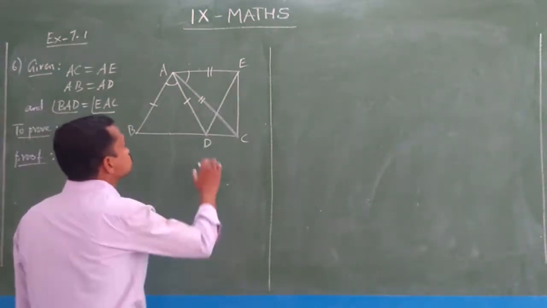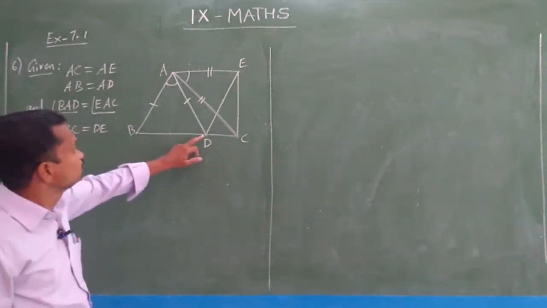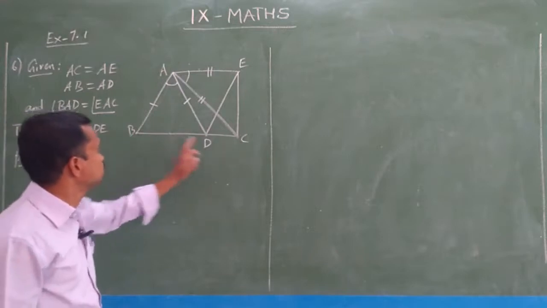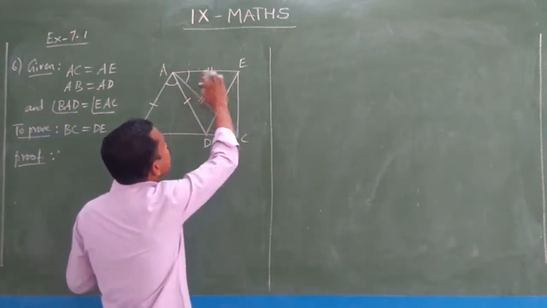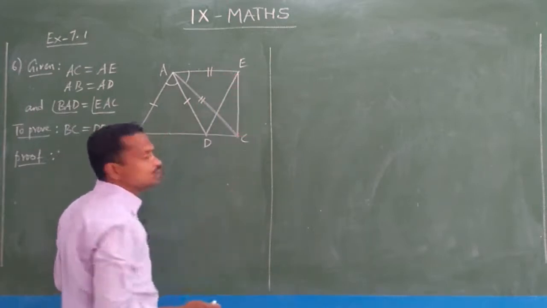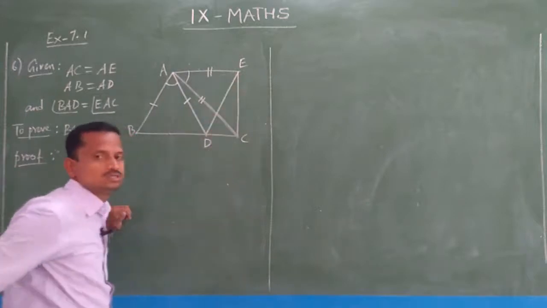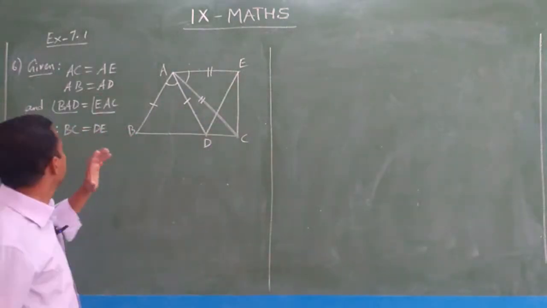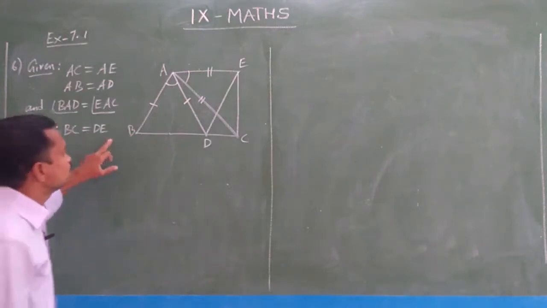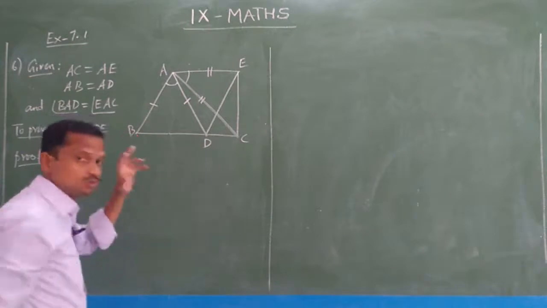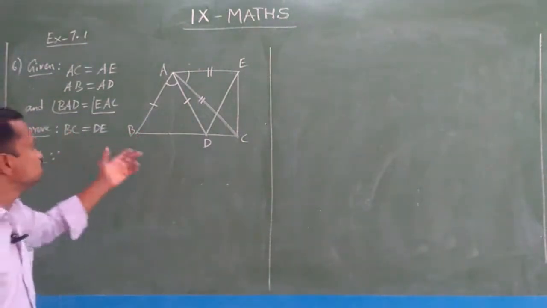D is a point on BC, and E is joined with C. AD, DE, everything is joined. So like that the diagram is given, and we have to prove BC equal to DE. You have to compare the proof and the diagram, then only we can get an idea. So BC, it is here.